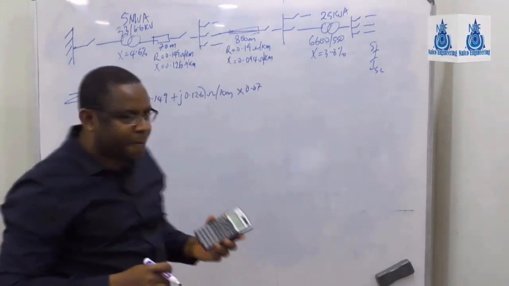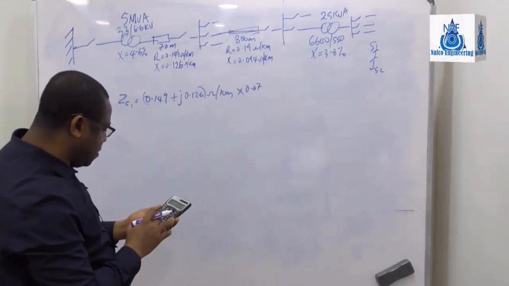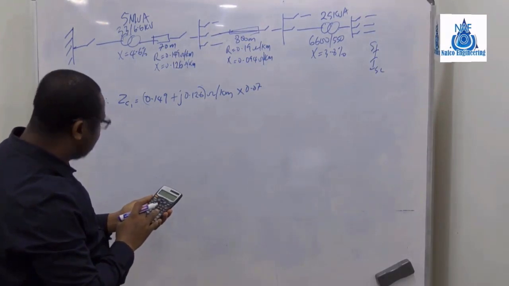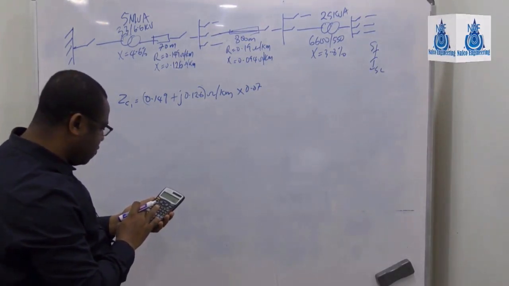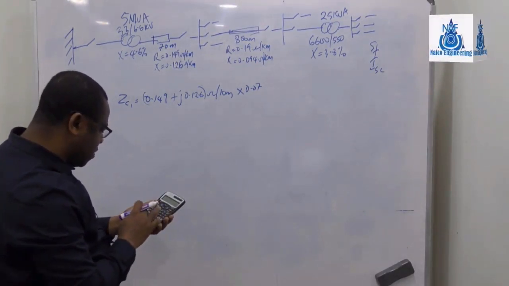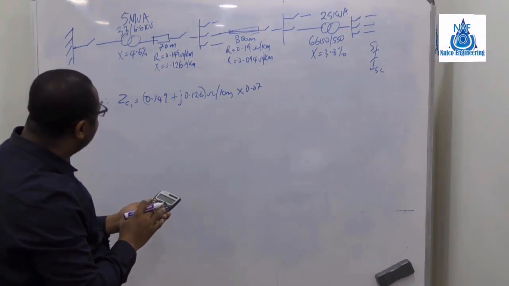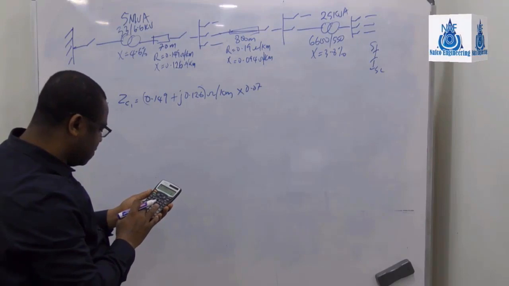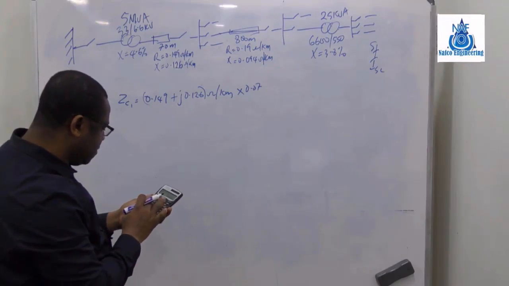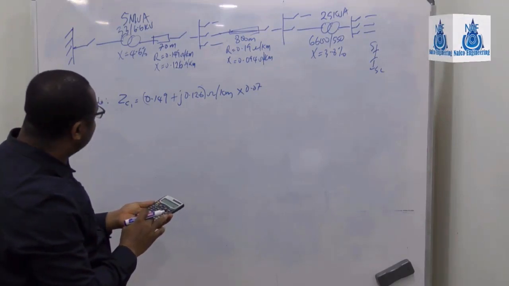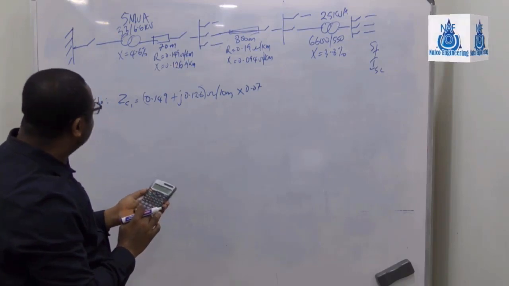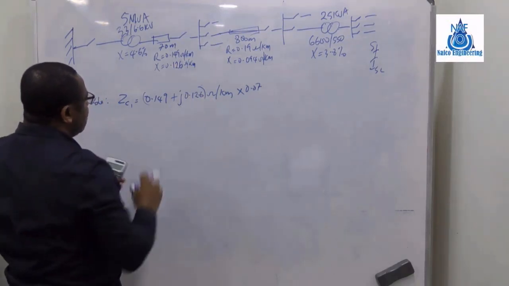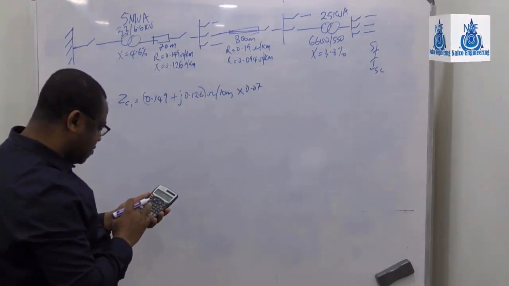So 0.149 plus J 0.126 equals that, then times 0.07.